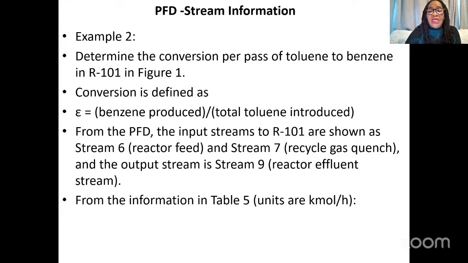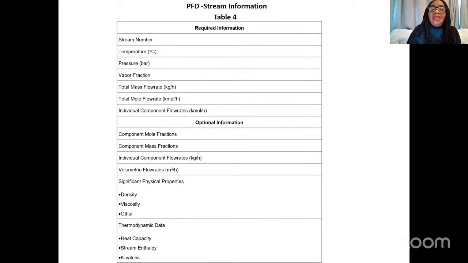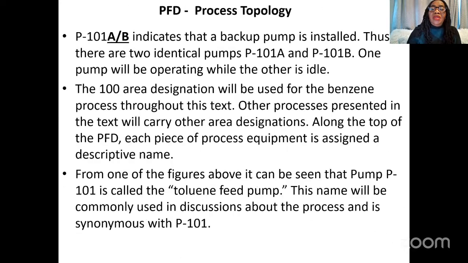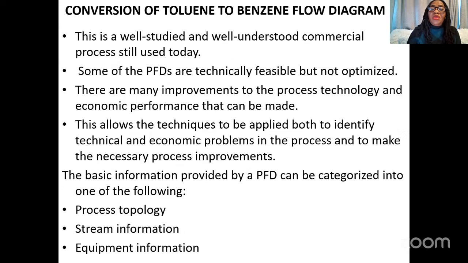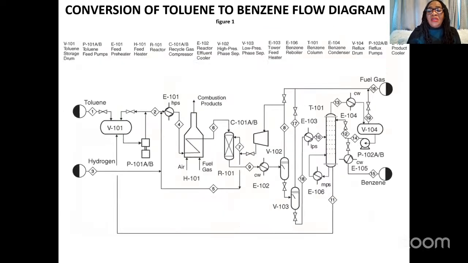The output is stream 9. But let's go back to the figure, so that you can see what I mean, and not just hear me telling you the input stream is so and so. So let's look at R101. Where is R101? Look at R101 here.